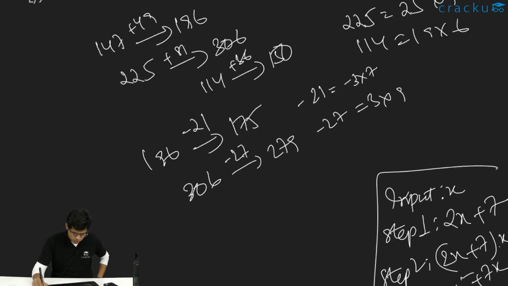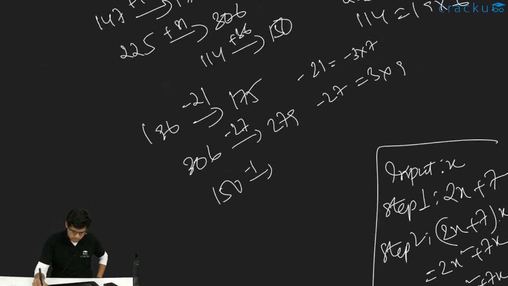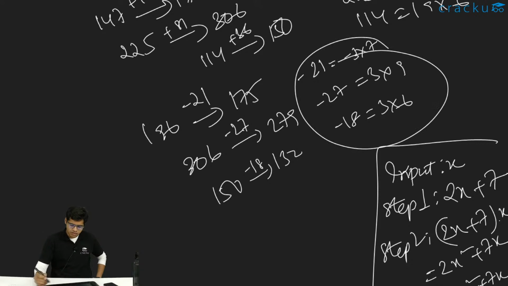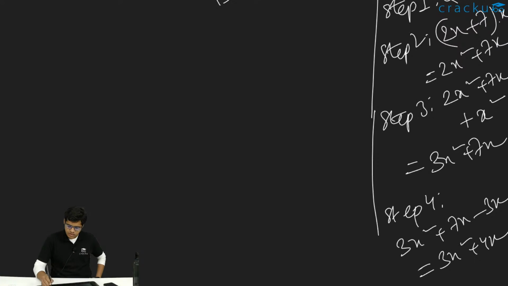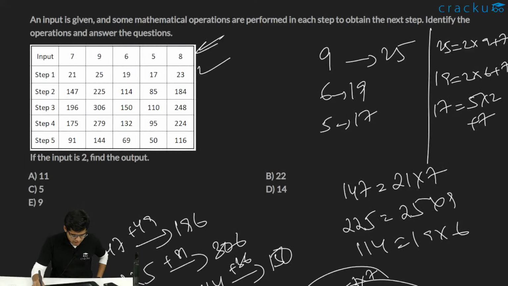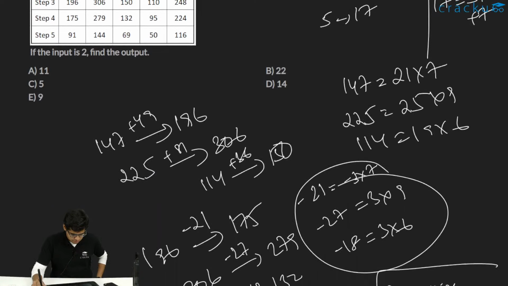Then 150 minus 18 is 132, and 18 is 3 into 6. So whatever we get in step 3, in step 4 we just subtract thrice the input. So it is 3x square plus 4x. This is step 4. And step 5 finally.